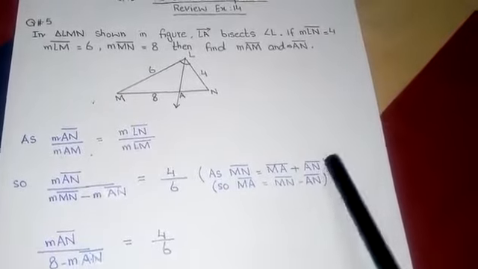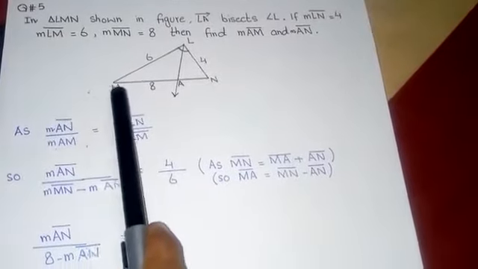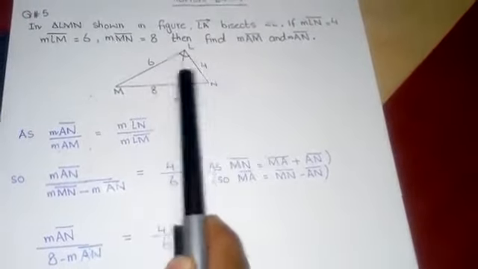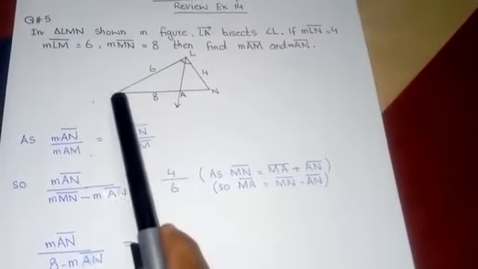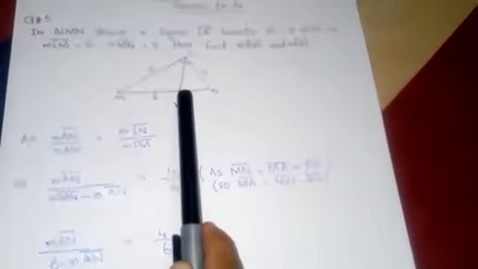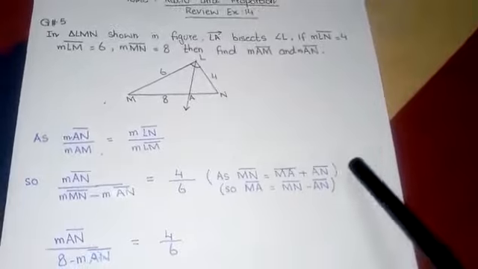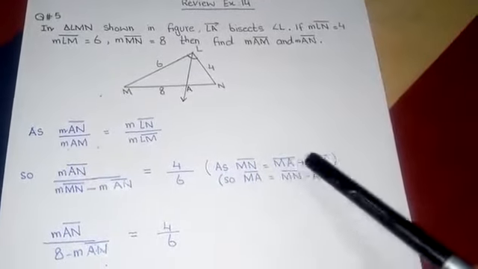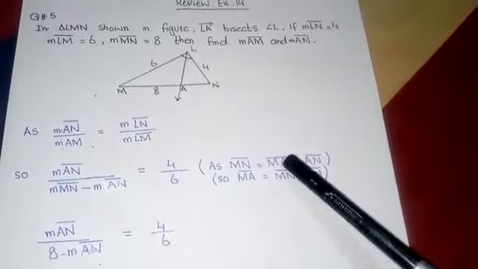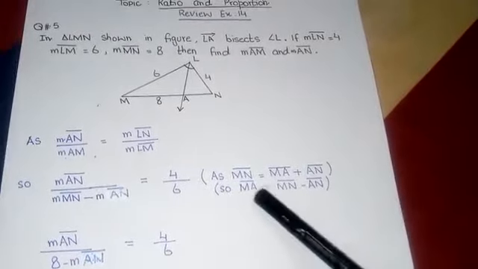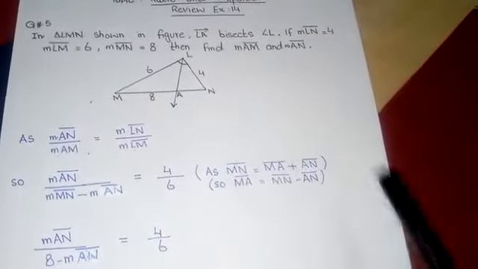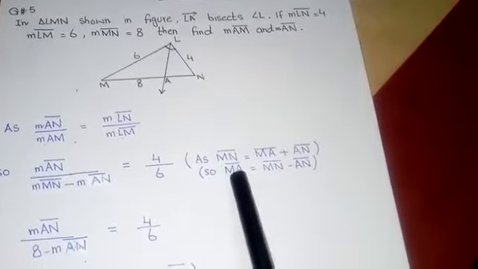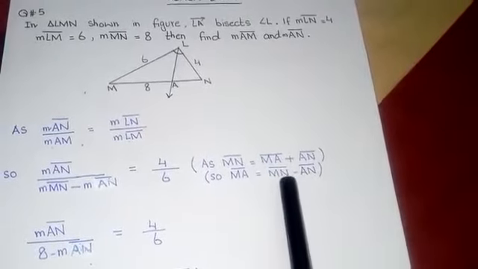Clear? This MN is the addition of these two portions, MA and AN. So we have to find the value of MA. So keep MA here and move this AN to the other side. So the equation will become MA or AM is equal to MN minus AN.